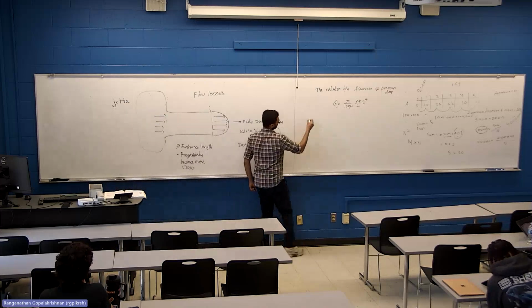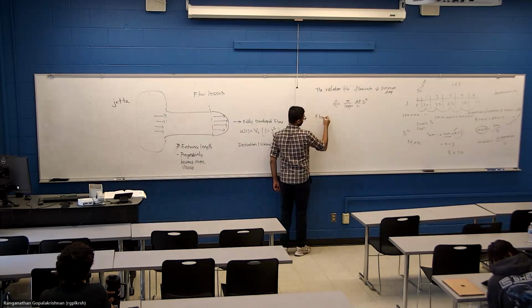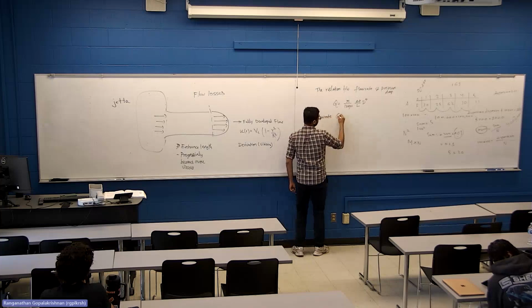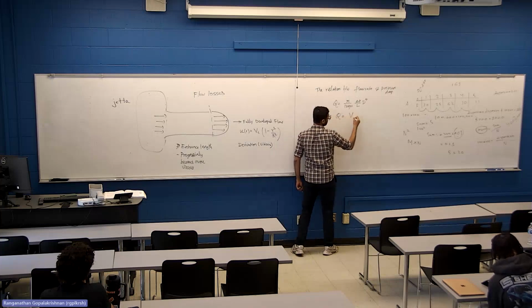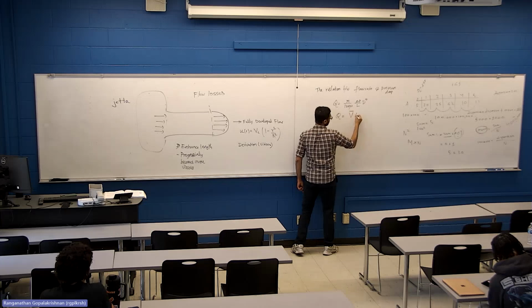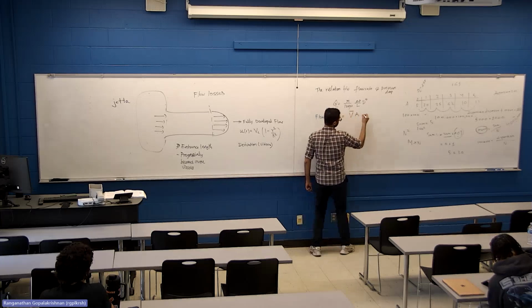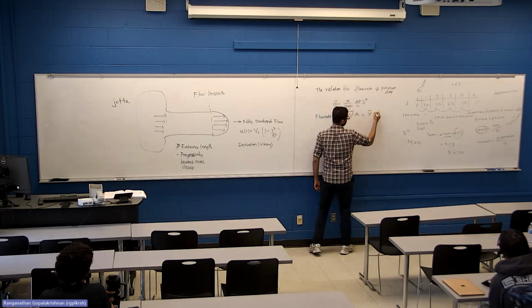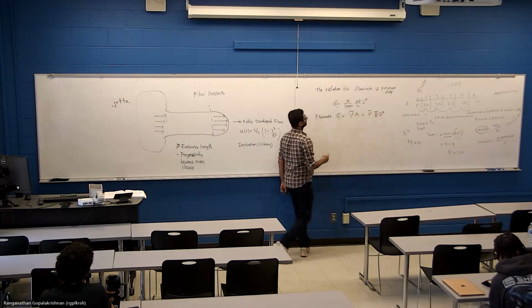And Q, the flow rate, may be expressed as the average velocity, which we call V bar, multiplied by the cross-section area. So in our case, V bar times pi by 4 d squared.